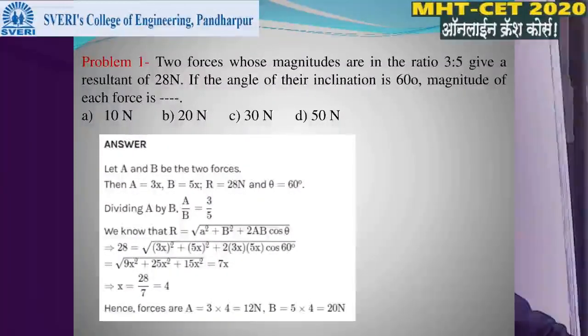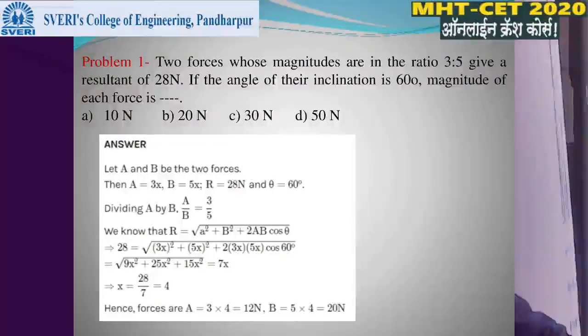If we put the given values in that formula, then what do we get? We get 28 is equal to under root (3x) square plus (5x) square plus 2 into 3x into 5x cos 60.